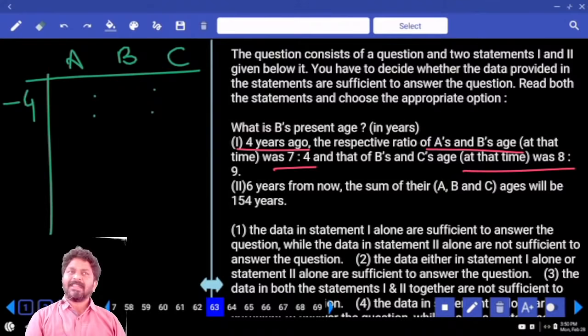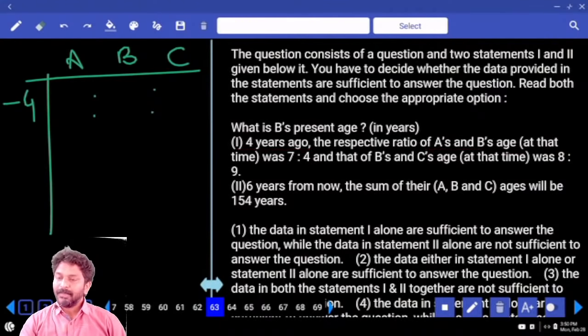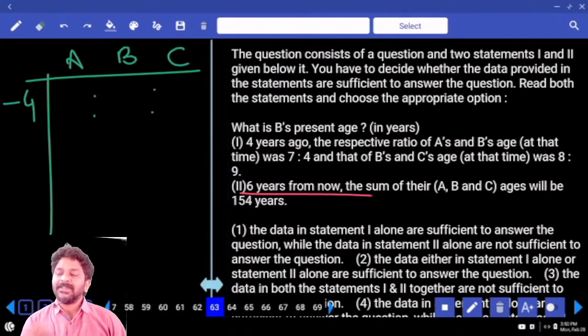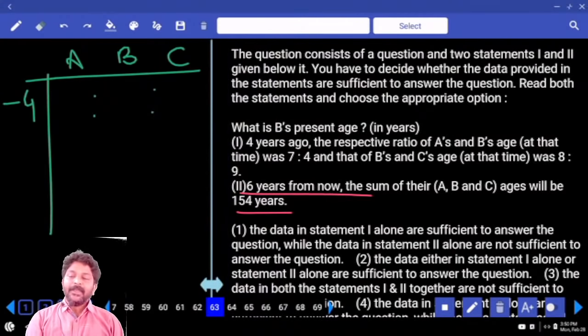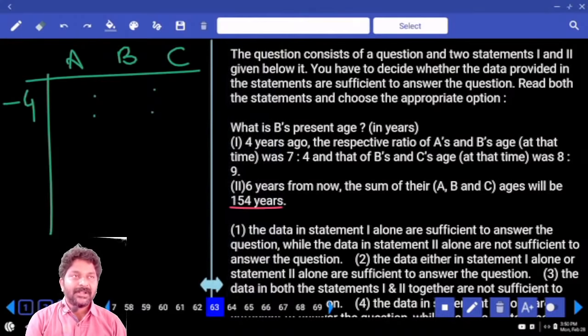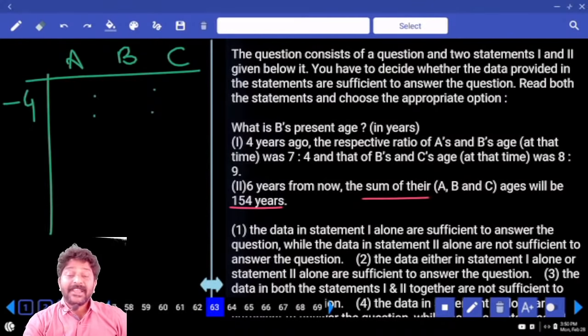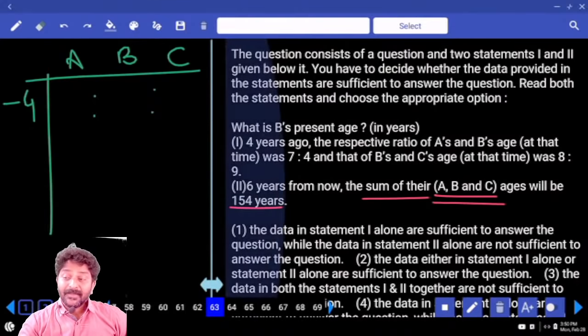Using ratio, can we get number? No. 6 years from now, the sum of their ages will be 154. Using only this information, we can calculate sum of their present ages. What is 154? Sum of their ages. How many members are there? 3 members.